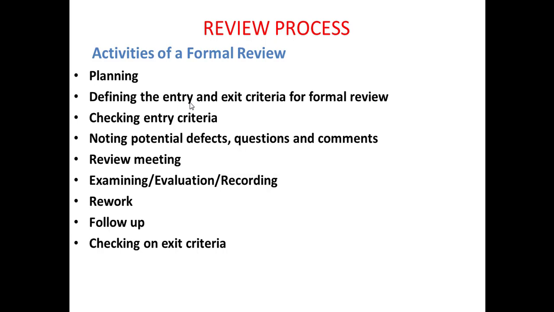For example, once the design is foolproof, the design is tested and all the parts are tested properly up to 90%, then we can stop working on the reviews. So these are nothing but the entry and exit criteria that you need to follow. If you don't follow entry and exit criteria, probably you will miss the schedule, and in order to maintain your schedule, you need to work on entry and exit criteria.